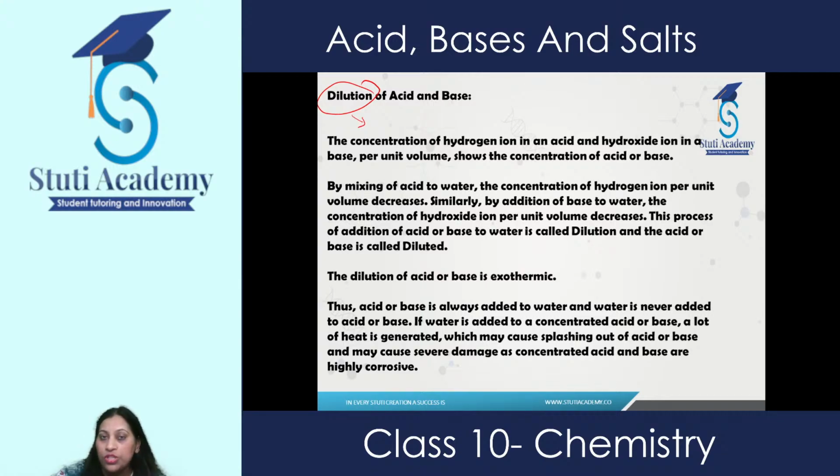The concentration of these ions decreases if we are mixing water into it. So if we mix water into acid or base, it reduces the concentration of hydrogen and hydroxide ions, and this process is known as dilution.